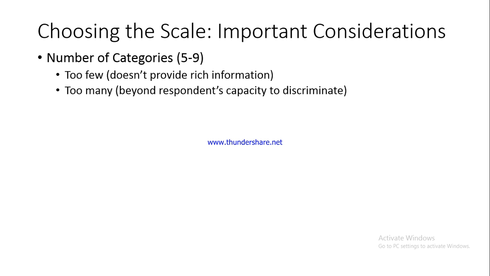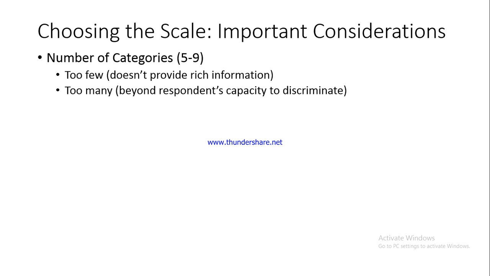Because if there are too few response categories, the data that I will collect would not be able to provide me rich information. On the other hand, if there are too many response categories, let's say we have given 15 response categories and the respondent has to pick up just 1, it is going to be very taxing for the respondent.